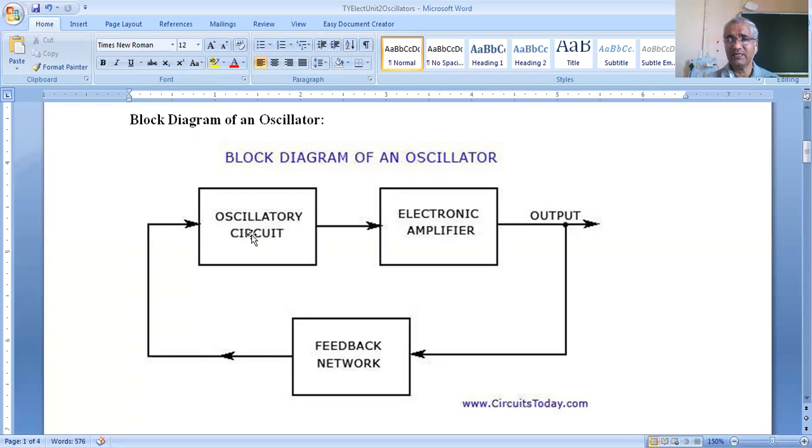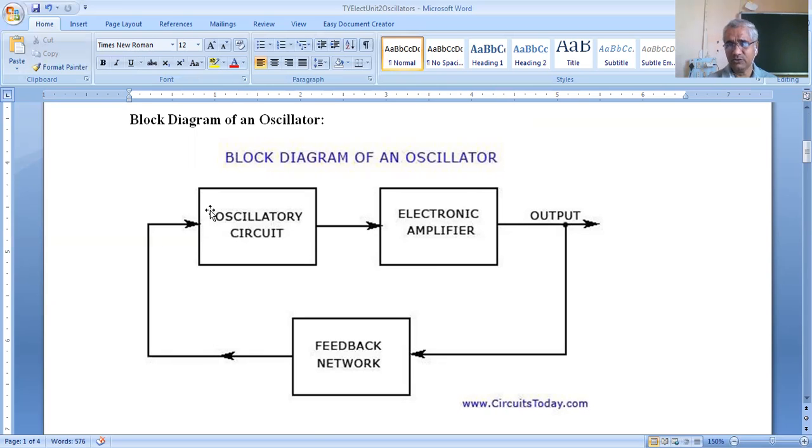The tank circuit is made up of a capacitor and inductor. They are connected in parallel. So if the capacitor and inductor are connected in parallel, they form an oscillatory circuit or tank circuit. So the oscillations are produced in this tank circuit.